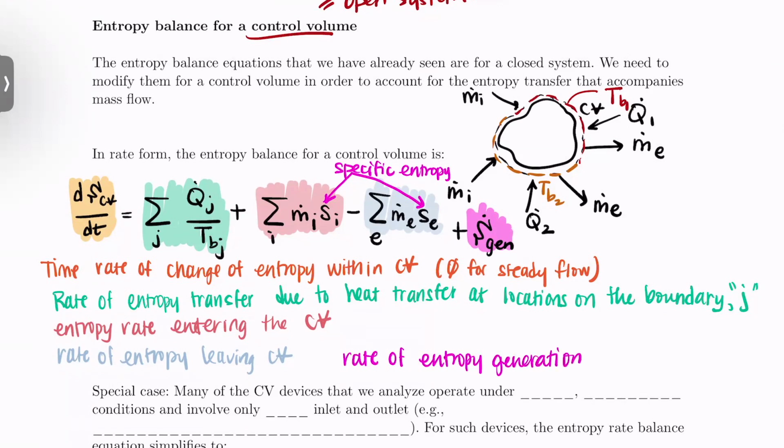And these are due to irreversibilities in the control volume. Okay? So with this equation, we have several special cases that are going to be analogous to the special cases that we talked about for conservation of energy, which are the following.